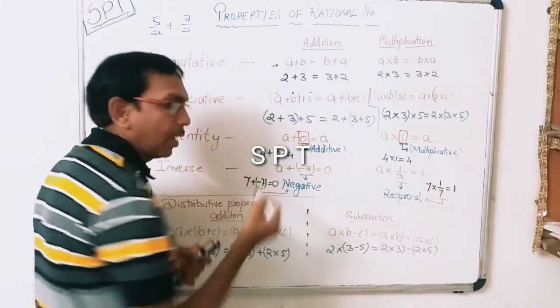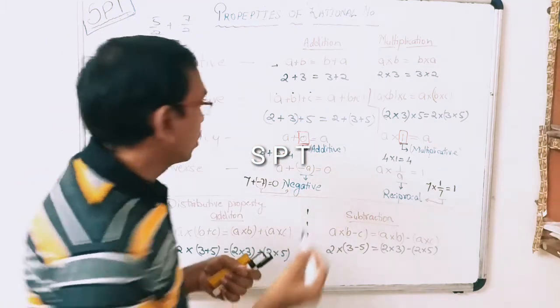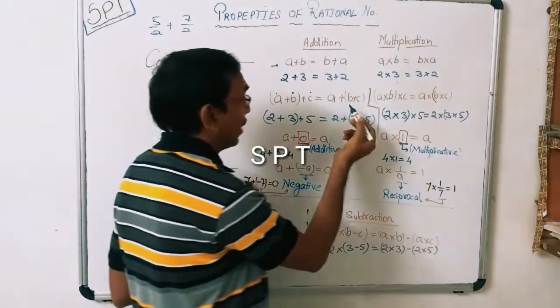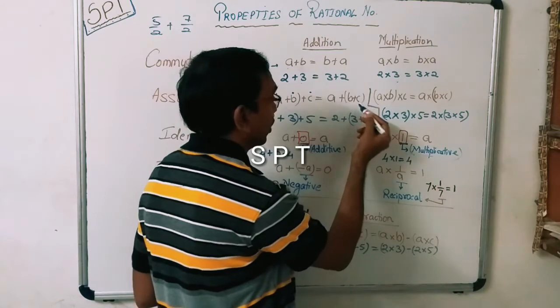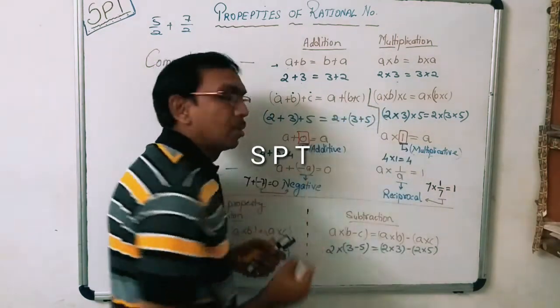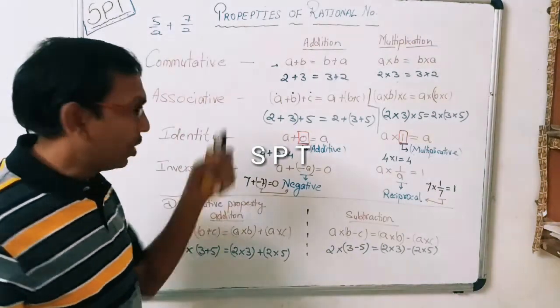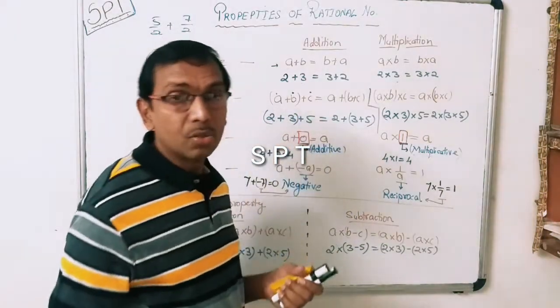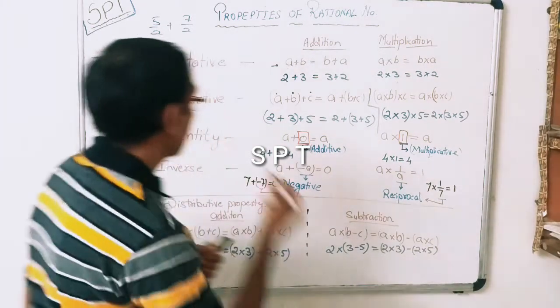So first I will add a and b, and the result will be added to c. In the second case, on the right hand side, I am taking b and c together first. So the result of b and c will be added with a, and we see that on both the sides the answer is the same. That is the associative property.